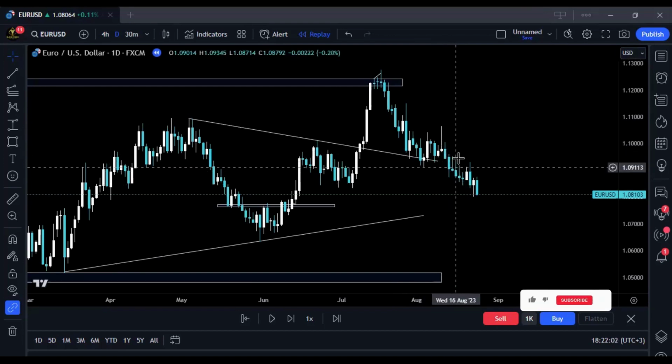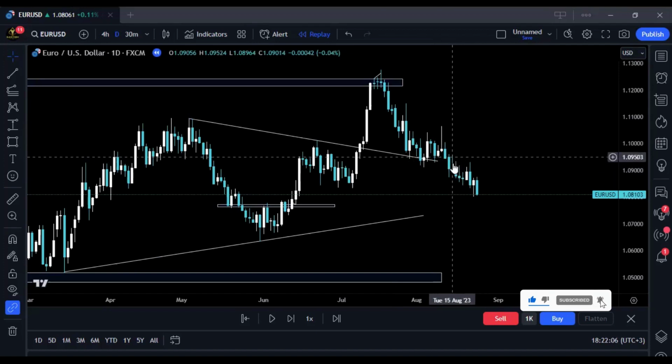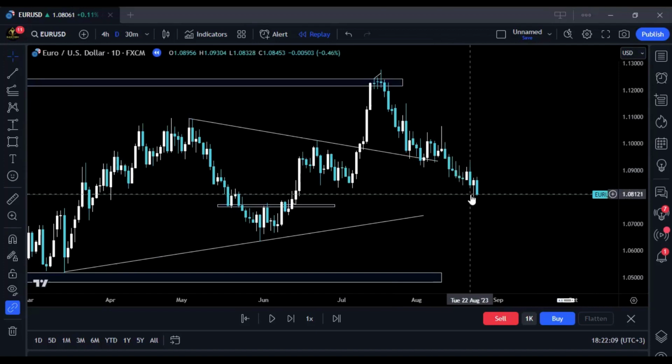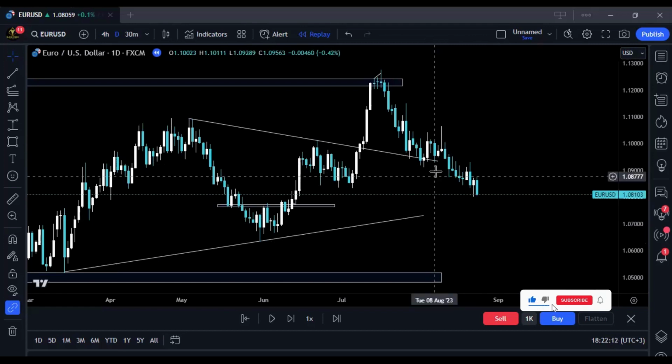But look at all of these wicks. So that means that on the long time frames, these are not just trends. They are short term. So that means it's very easy to get sold out.